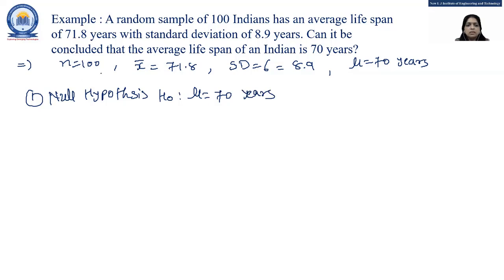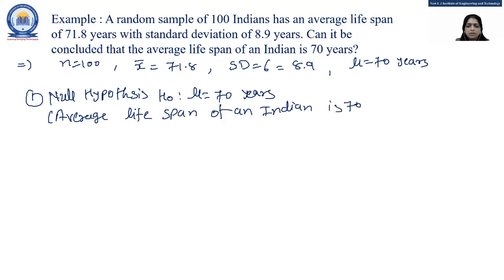That is the average lifespan of an Indian is 70 years. This is our null hypothesis.